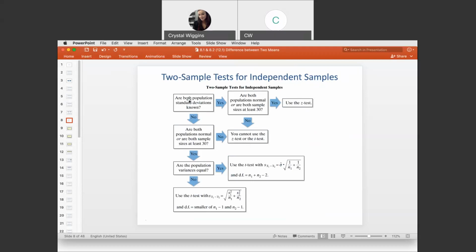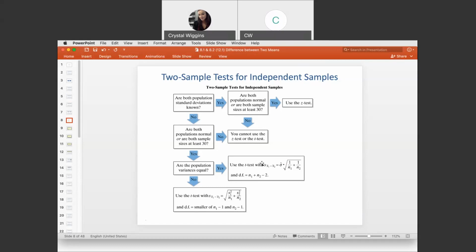Now, if you don't know both population standard deviations, then you do know that the sample size is big enough or the population is known to be normally distributed. Then you have to ask yourself one more question when we are comparing two means: are the population variances equal?